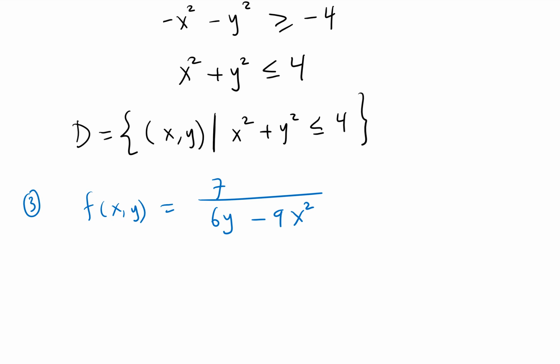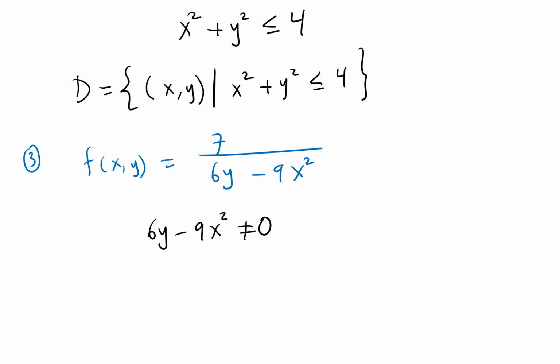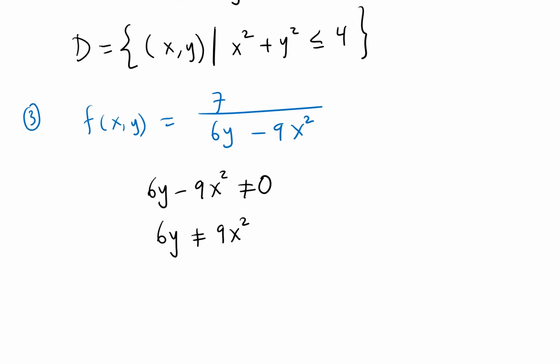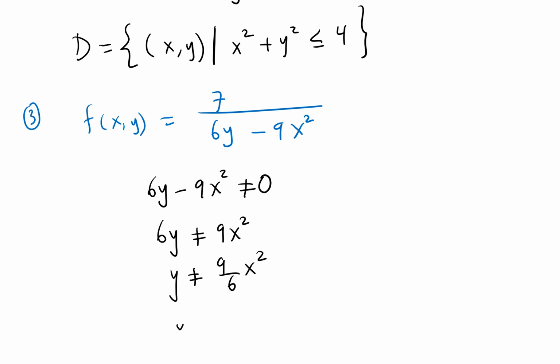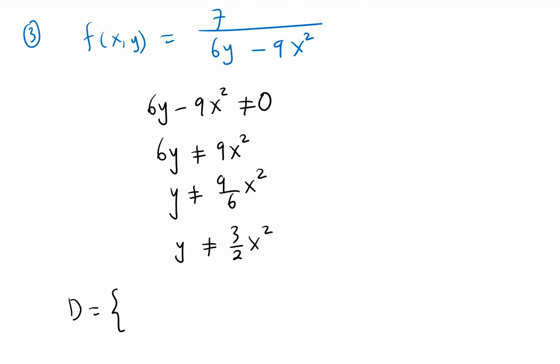The way it goes is you need to make sure that the denominator cannot be 0. So you can add 9x squared and divide by 6, which can be reduced to 3/2 if you divide by 3. This means the domain can be written as x, y such that y cannot be 3/2 x squared.